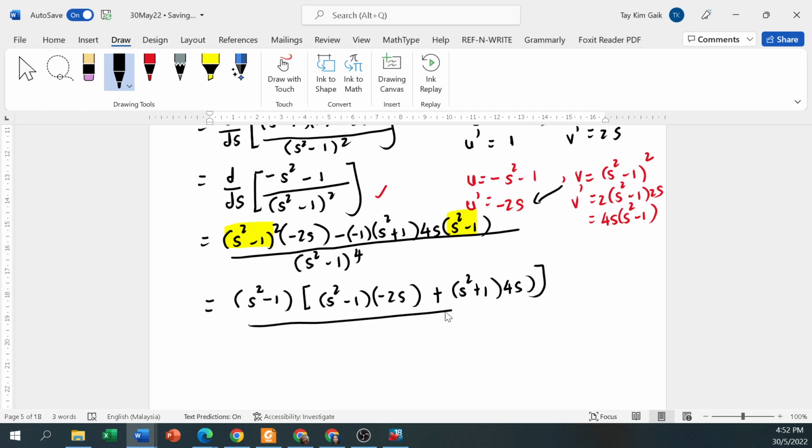So divide by s squared minus 1 power 4. So this is power 1, so it becomes power 3. And then expand the numerator. So you have negative 2s cubed plus 2s, plus negative 2s cubed plus 2s. This one plus 4s cubed plus 4s.